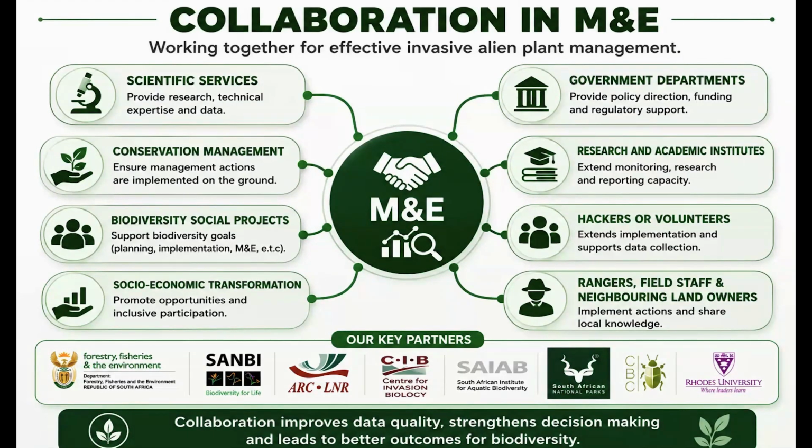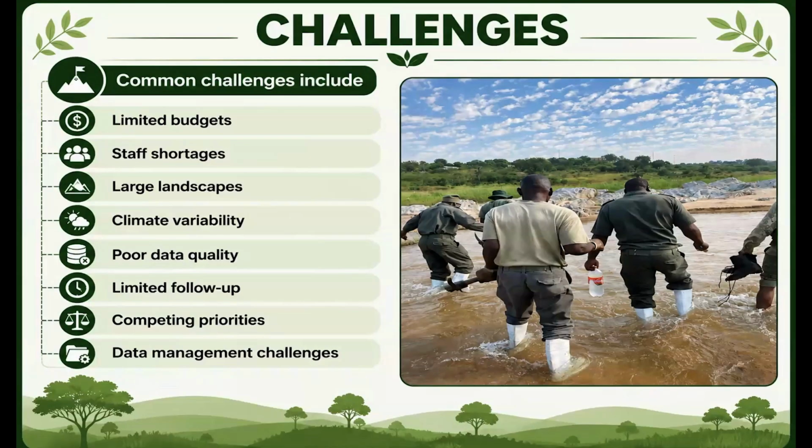We've got the scientific services, we've got biosecurity, the BSP programs, which are involved in most of the implementation, but they also collect data that helps us with decision making. We've got the socio-economic transformation department, which also looks at the social outcomes of the implementation of the programs that we roll out. We also have volunteers. I think Waldorf also touched on volunteers and other stakeholders that are important. So you cannot work alone as a manager, but you also need to have collaboration with other institutions.